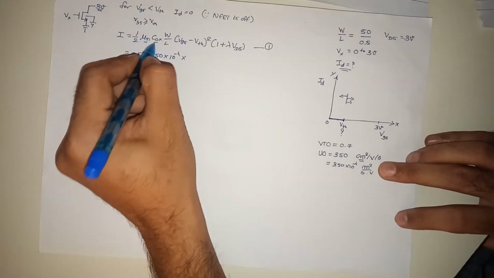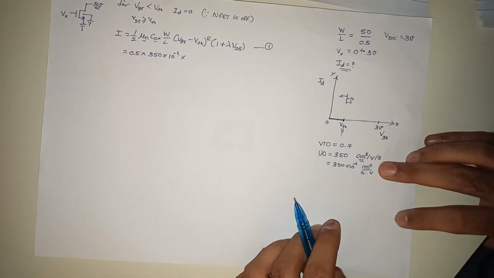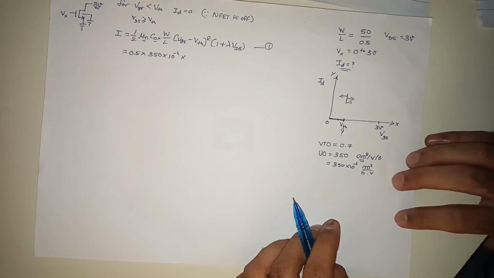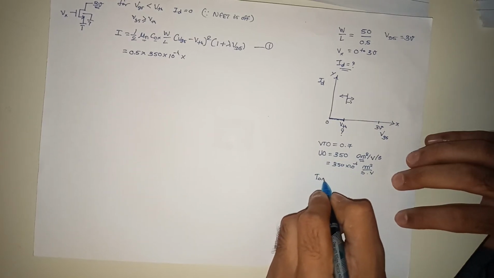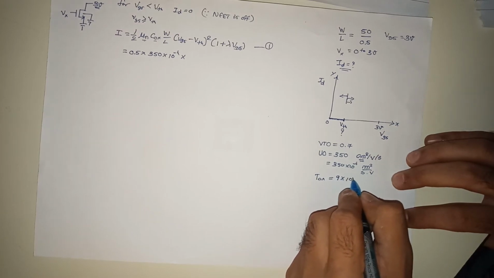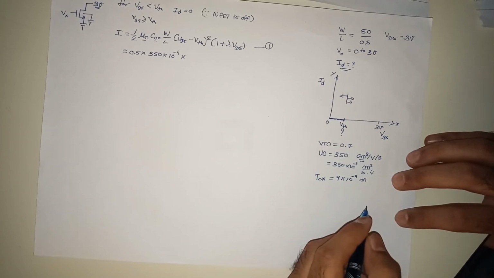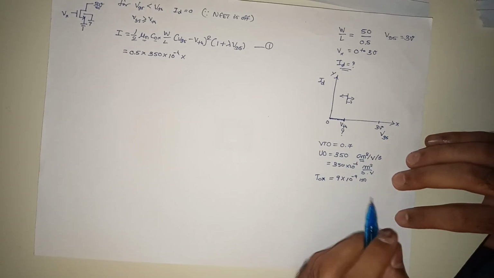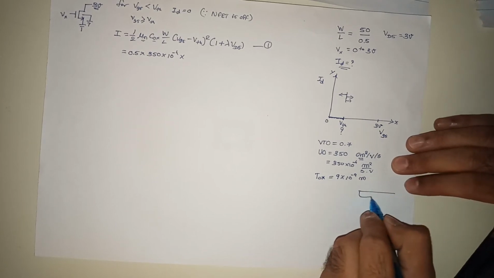Okay, what about COX now? So COX is not directly given, but instead of that, what is given is this TOX, that is 9 into 10 raised to minus 9 meter. TOX you will find from table. What is TOX? That is, let's say this is your MOSFET.